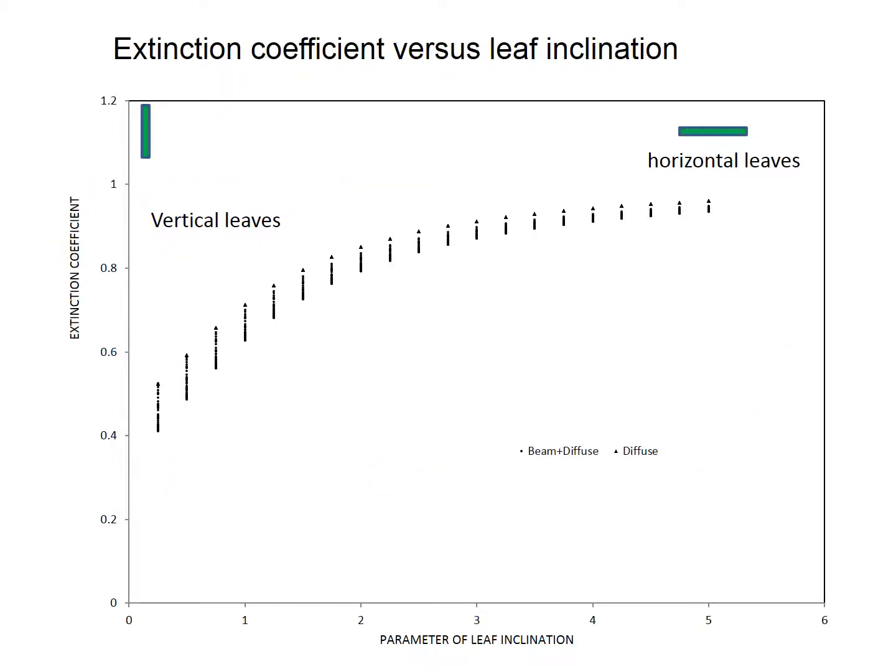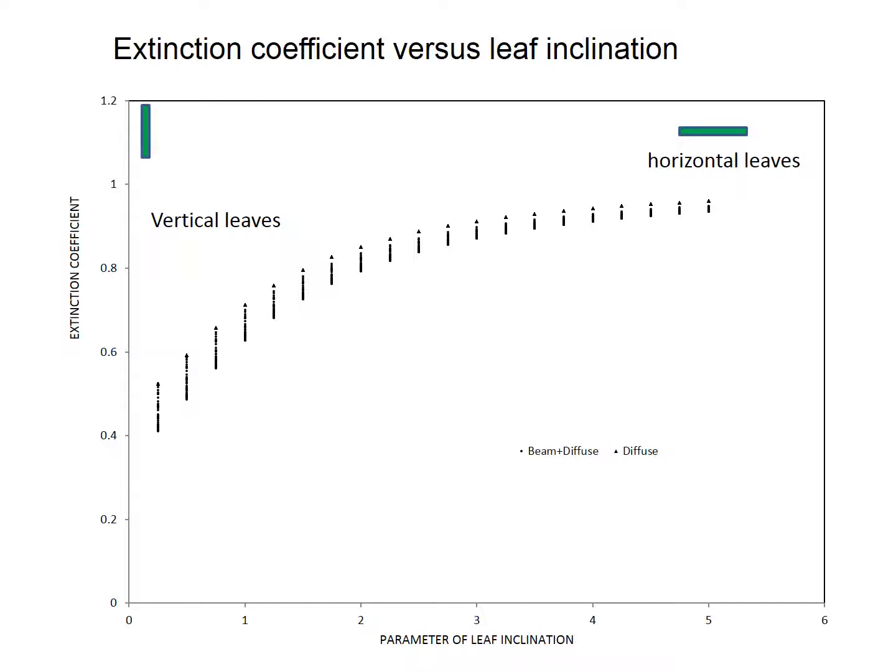The extinction coefficient is a parameter that depends mostly on leaf inclination. Here we plot values of extinction coefficient versus the parameter of leaf inclination, where 0 corresponds to vertical leaves and values above 5 correspond to horizontal leaves.